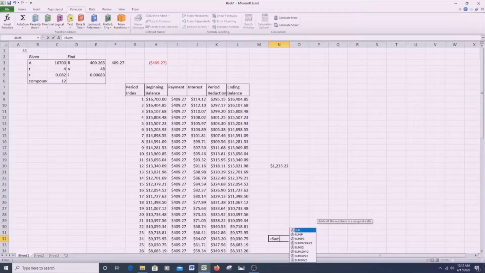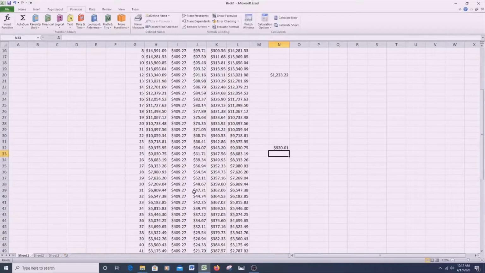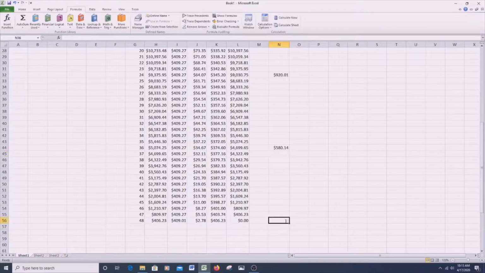So that's the interest on the first year. This is the interest charged in the second year. So months 13 through 24. And then do the third year, months 25 through 36. And then do the last year, which is 37 through 48. This is just so you see what's happening to the interest.